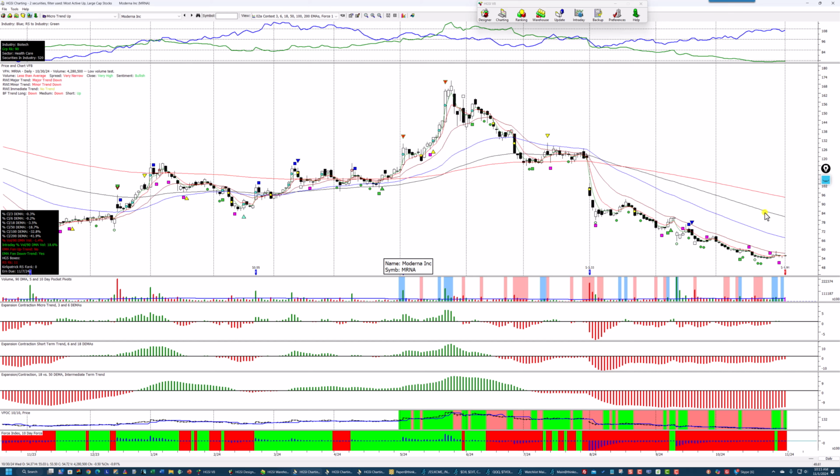And look down here, the force index has been negative throughout most of this. There was a slight blip up when it turned positive, but just a lot of work to do. And look at how far this intermediate term histogram, how negative it is, how deep the bars are, because it just shows how far apart the 18 and the 50 are in the downtrend.